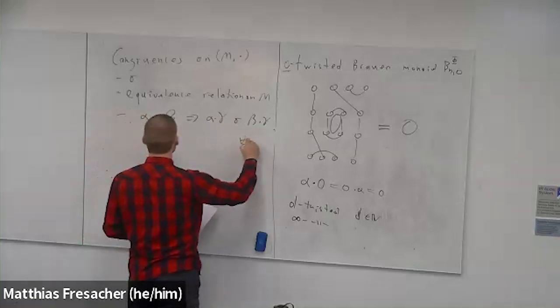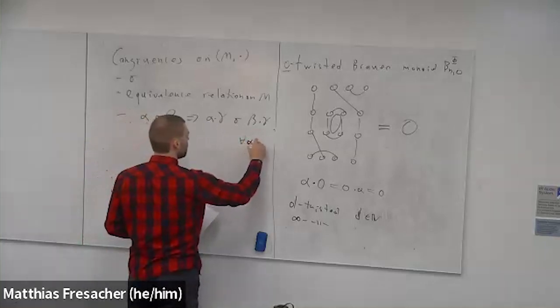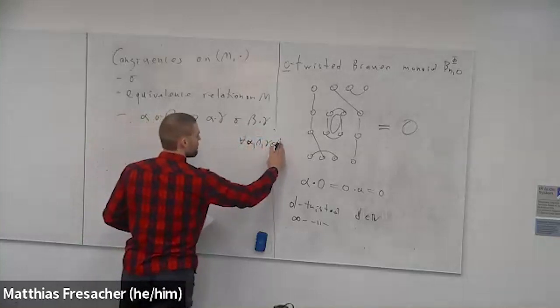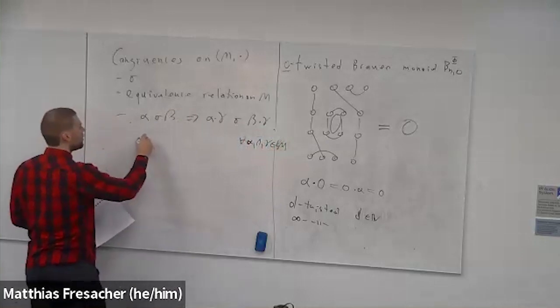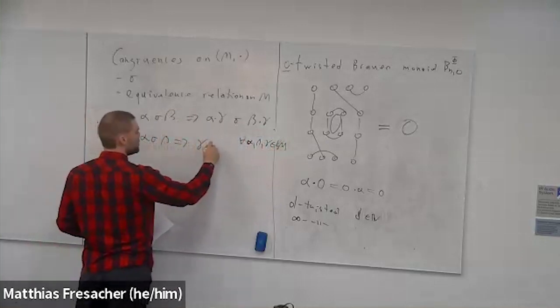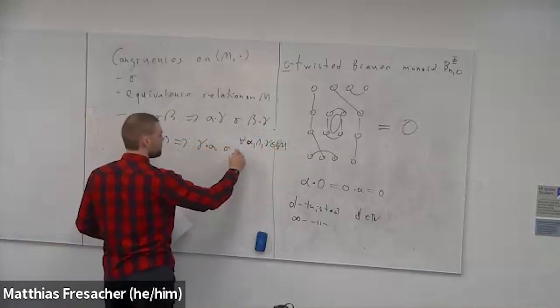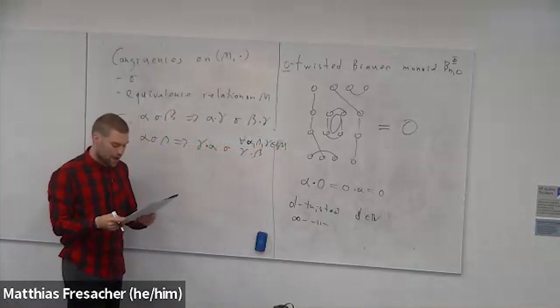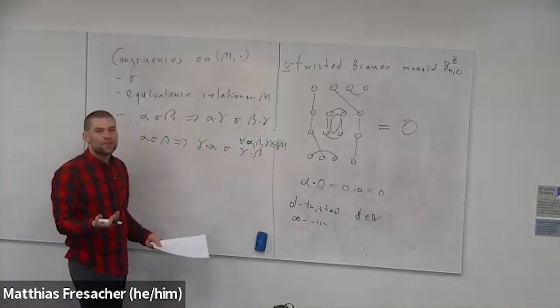So for all alpha, beta, and gamma in our monoid, which is M. And we actually want this same property to hold on the other side as well. So gamma dot alpha is congruent to gamma dot beta. Okay. Now, why do we care about these congruences?